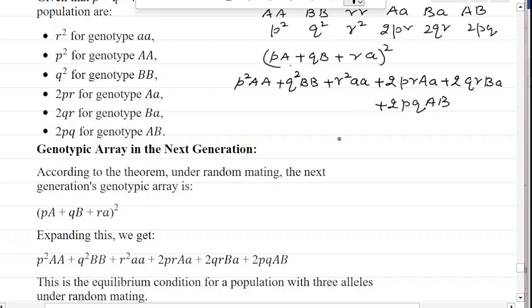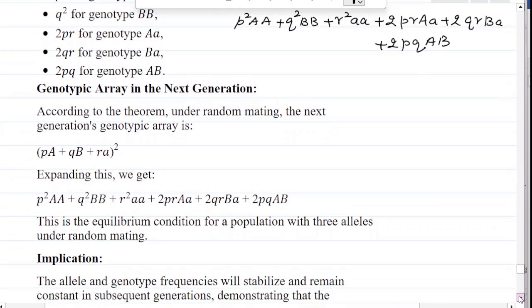So this is the equilibrium condition for a population with three alleles which are under random mating.